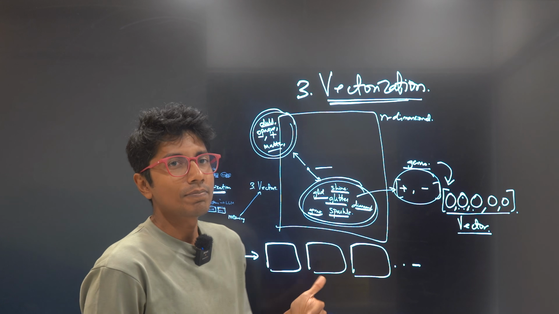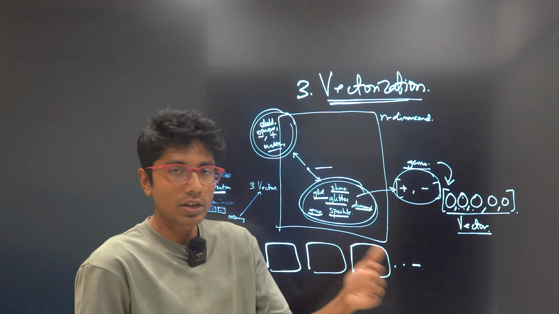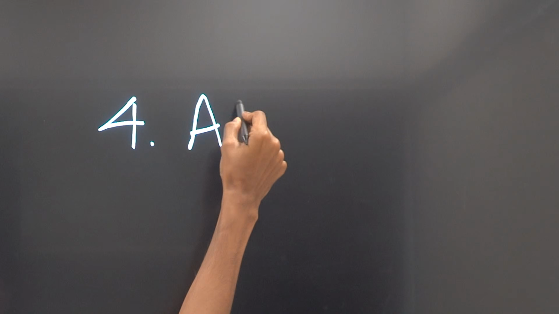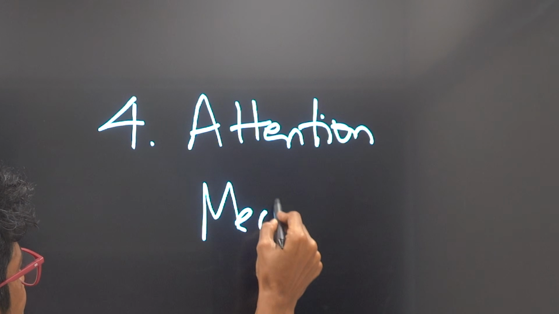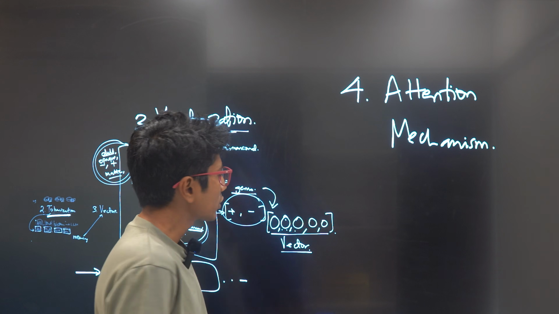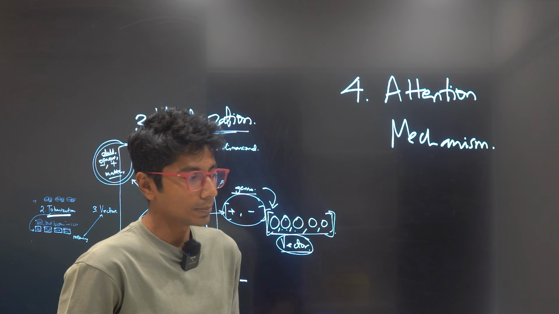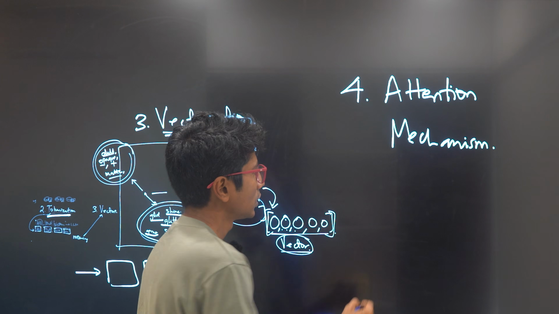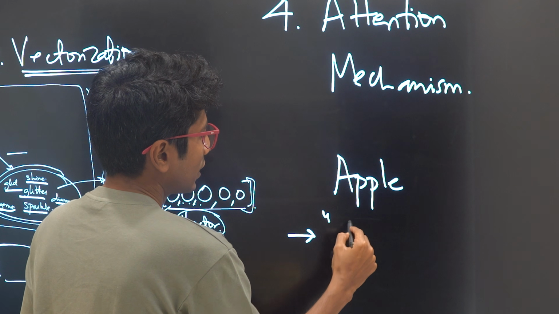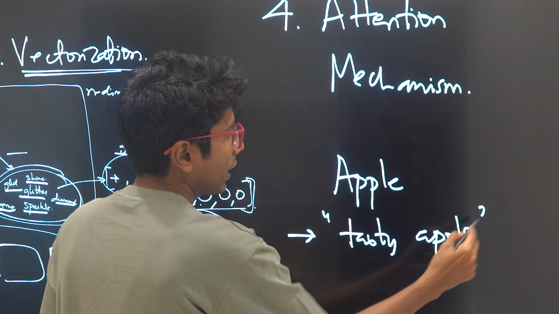Okay, so now you have large language models which can tokenize input text and convert them into vectors. But there is one major challenge which actually changed the entire industry here, which made large language models very popular, and that is attention. We just said that all the input tokens for a large language model are converted into vectors. The vectors encapsulate the meaning of those words. But what about the word apple? When you say it's a tasty apple, you mean the fruit, the edible apple.